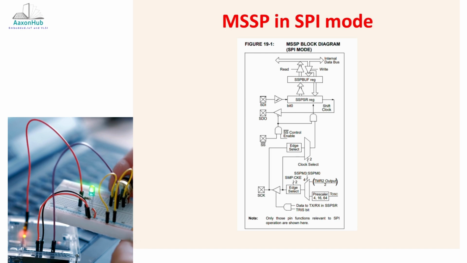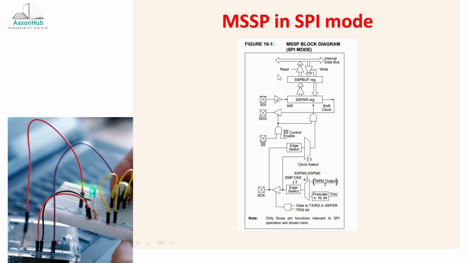Here, the shift register that is associated with your SSP buffer register is used for shifting the data in and out. This SSP buff is the buffer register to which the data bytes are to be written or from which they are read. That's why read and write signals are associated with it.